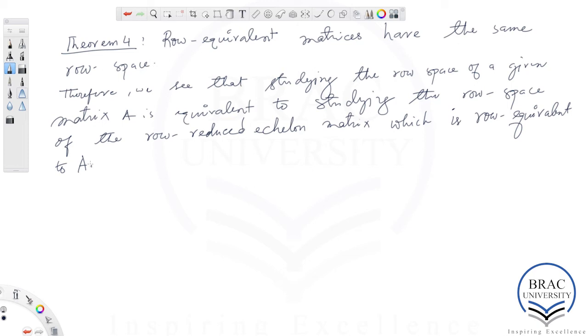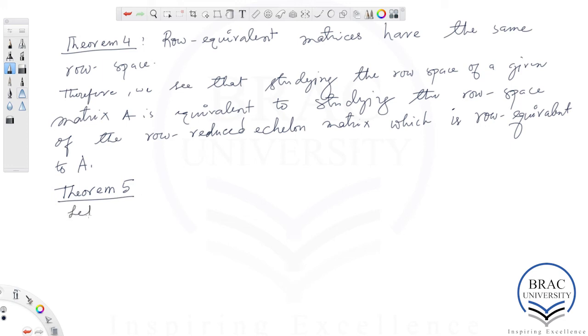So now it turns out that we need to study the row space of a row reduced echelon matrix, and that we do by means of the following theorem. Okay, Theorem 5, which talks about how to study the row space of a row reduced echelon matrix.